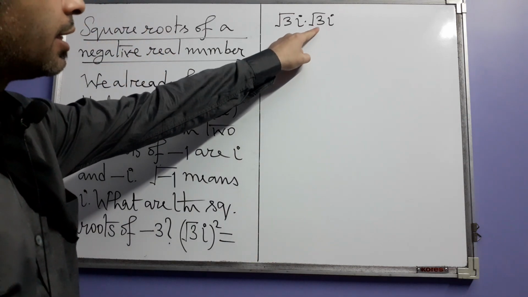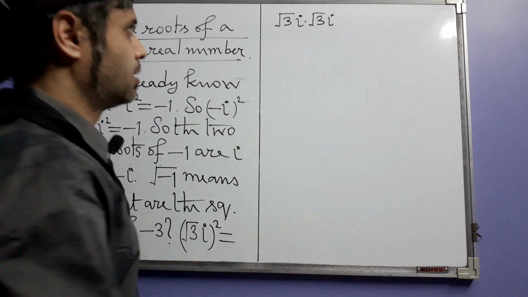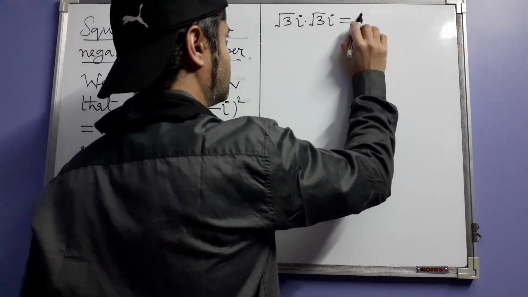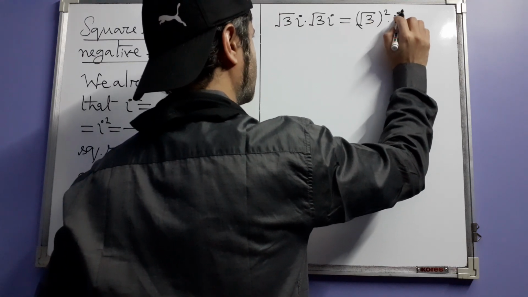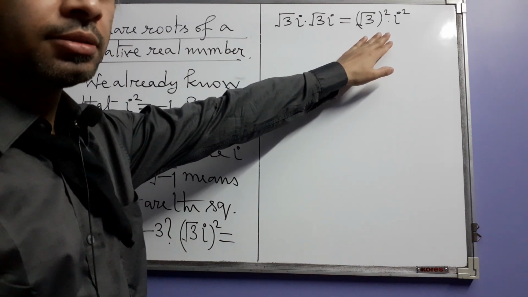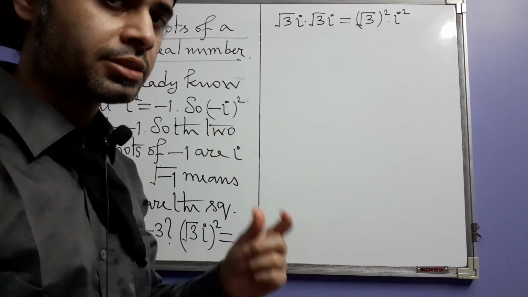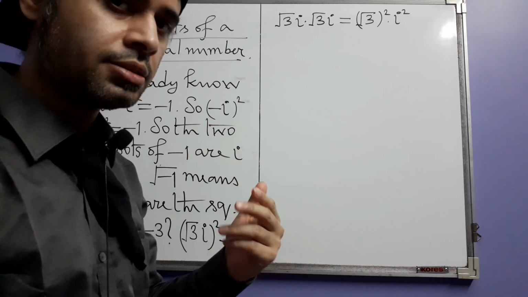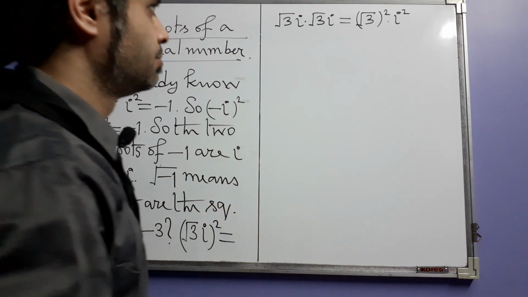But then you can take root 3 and root 3 together and i and i together and write like this. But why? What permits you to do this? Commutativity of multiplication. Complex multiplication is commutative. That is why you are able to do it.